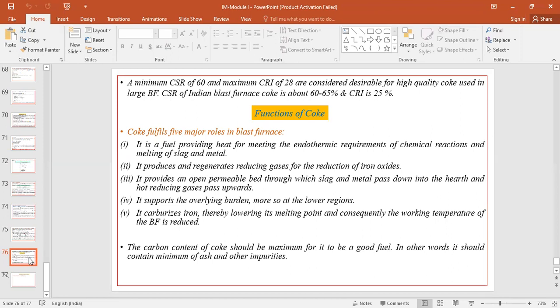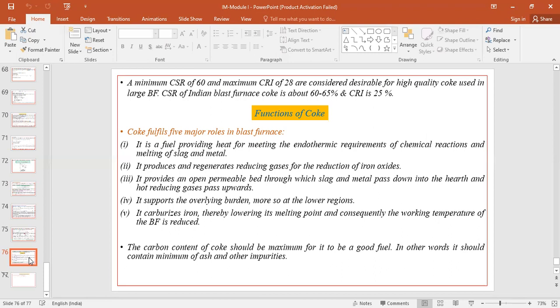It provides a permeable bed inside the blast furnace through which liquid products, whether hot metal or slag, can easily trickle down through the bed of solids, and finally get collected in the hearth of the blast furnace.